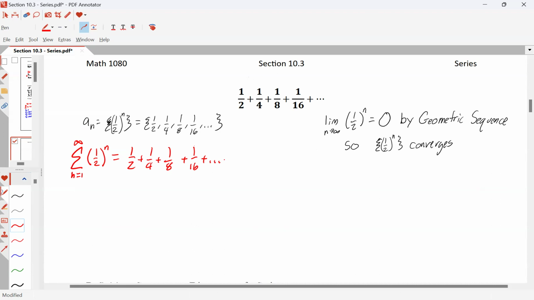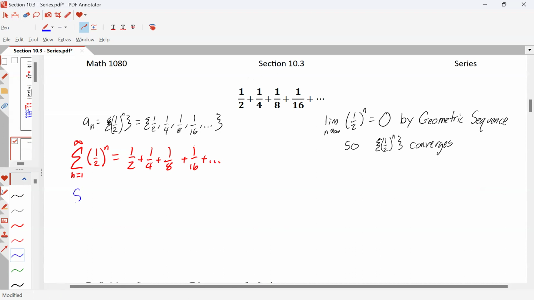And we can see here that we're adding on things, but we're adding on things that are smaller and smaller. Last time, what we added on kept getting bigger. But this time they're getting smaller and smaller, so maybe there's a little bit more hope of convergence.